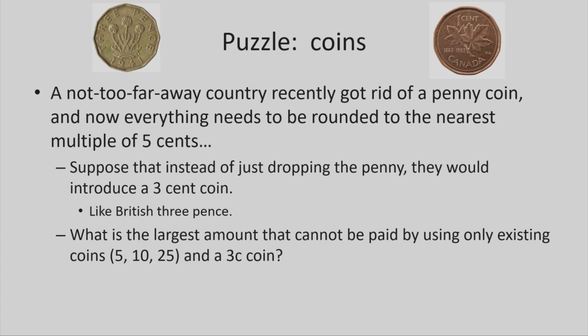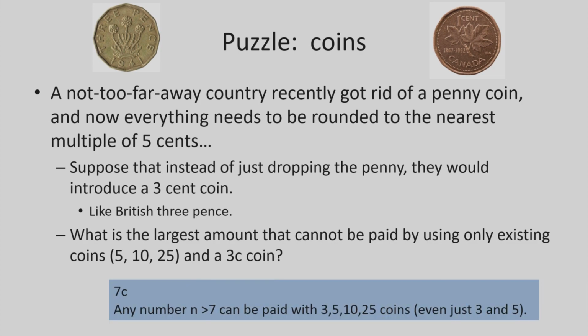Okay. What about 8? 3 and 5. That sounds good. What about 9? 3, 3, 3. 10. 5 and 5. 11. 5, 3 and 3. Okay, becoming a pattern. So what it looks like is that any number that's greater than 7, 8 and above, maybe it can be paid with only coins 3, 5, 10, and 25.